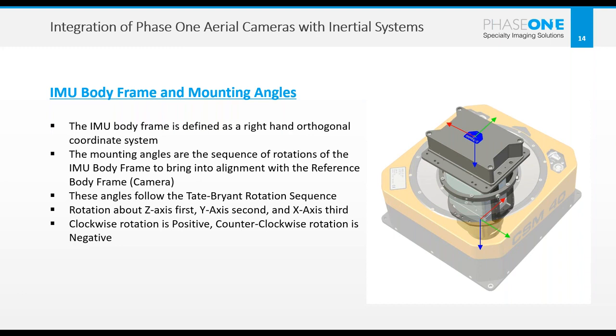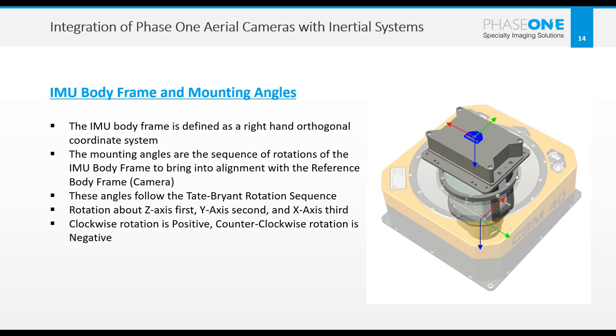Okay, this is a simple rotation sequence consisting of only one axis rotation, 90 degrees to the back or to the right, to align the IMU to the camera. But you can find some more complex installations.